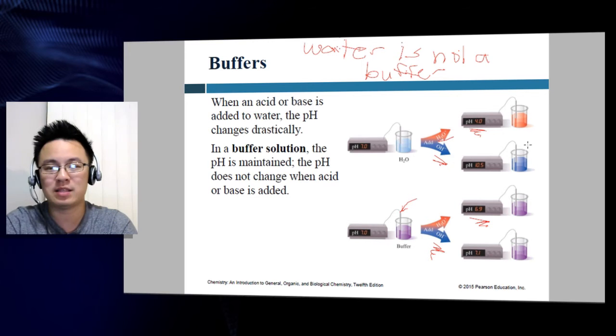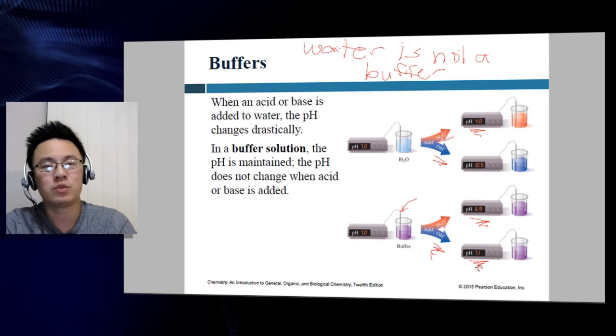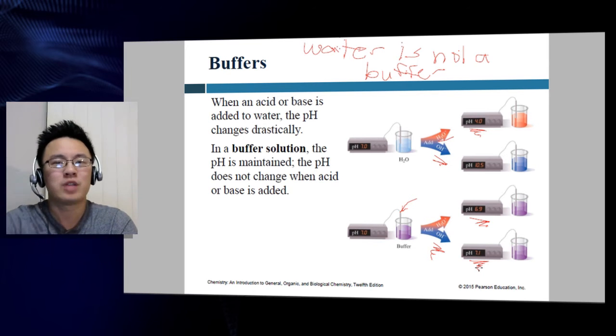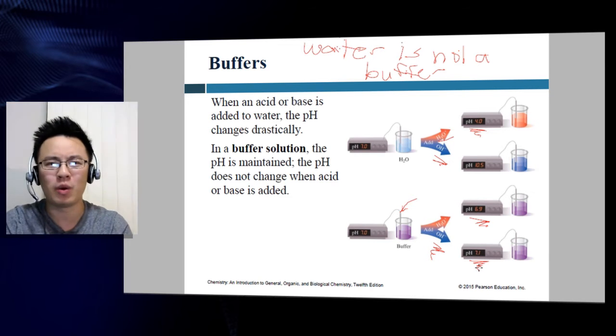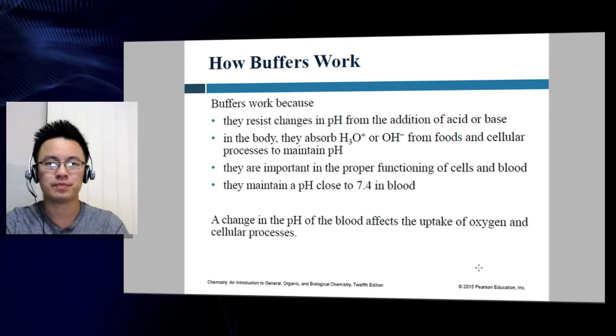As you can see in this case, the pH doesn't climb too much like it did before, and it only went up to around 7.1. So buffers help maintain the solution as best they can. It might fluctuate by 0.1 or 0.01, but that's not a drastic difference.